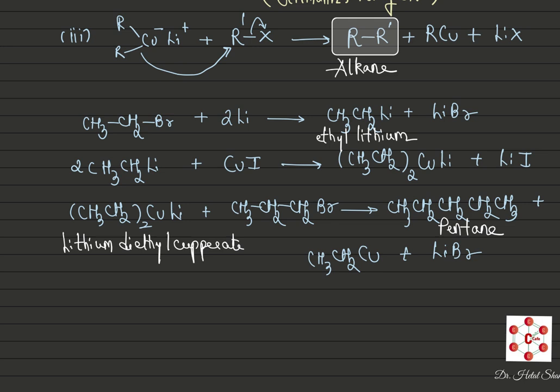So we have effectively reacted which two alkyl halides? We've taken ethyl bromide and reacted it with propyl bromide to finally get pentane. This is Corey-House.